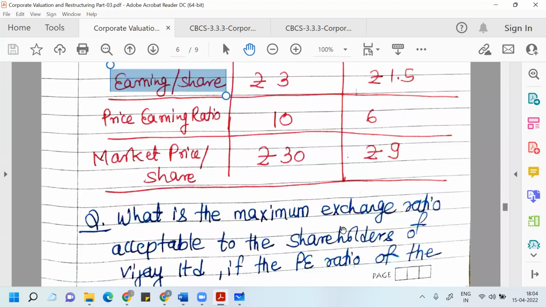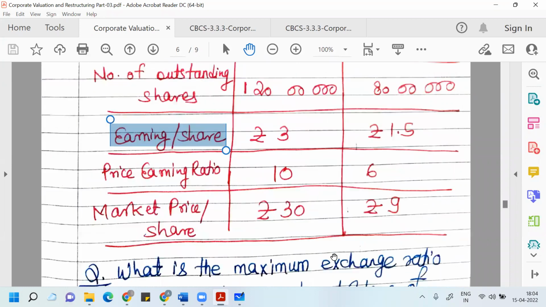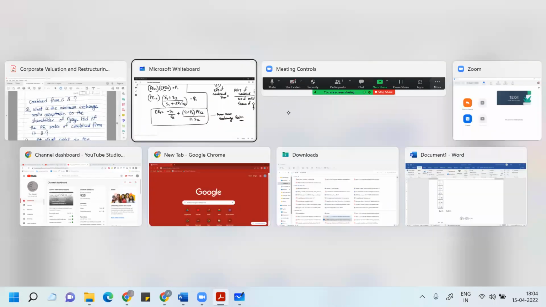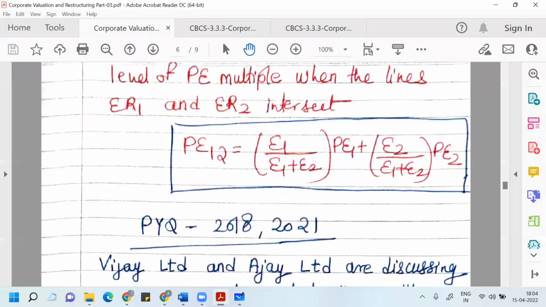The first question: what is the maximum exchange ratio acceptable to the shareholders of Vijay Limited if the PE ratio of the combined firm is 8? So PE12 is 8.